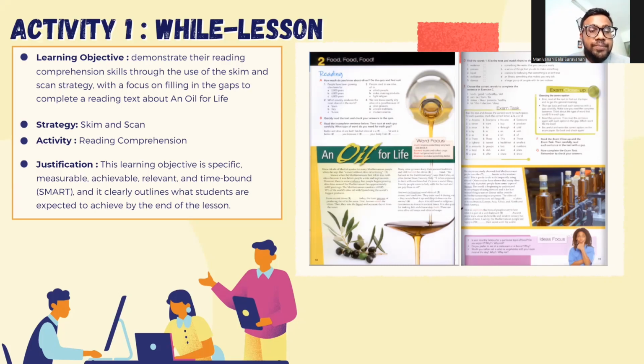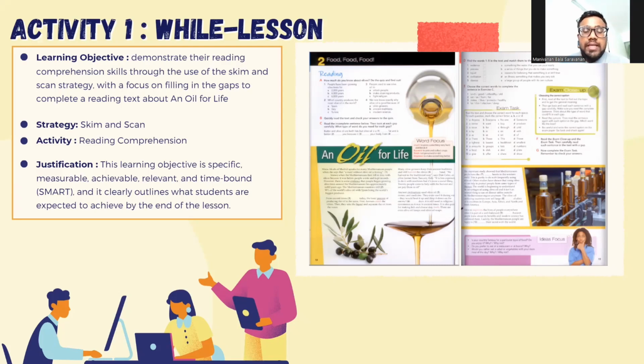The reason we are planning this activity is that the learning objective is specific, measurable, achievable, relevant, and time-bound, and it clearly outlines what students are expected to achieve by the end of the lesson.